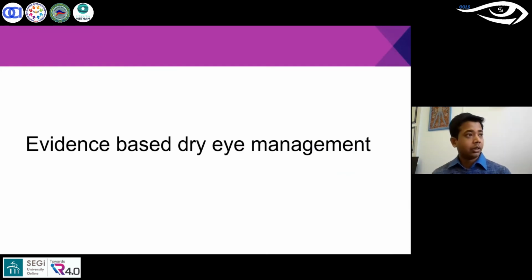I covered some of it today, which is signs and symptoms, but also tests that are easy to do in clinic and tell us which direction to go and which not to, and what the management should be. The next slide talks about some evidence-based dry eye management, which was developed in consultation with me, Rachel, our research fellow Sonia, and Professor James Hobson.